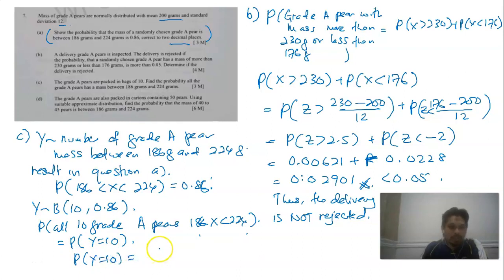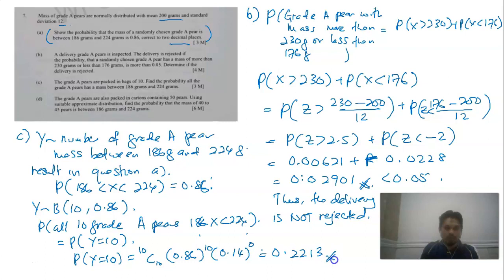In this case, it is 10C10 times 0.86 to the power of 10 times 0.14 to the power of 0. The total of this, you may use the calculator, and it gives you 0.2213.